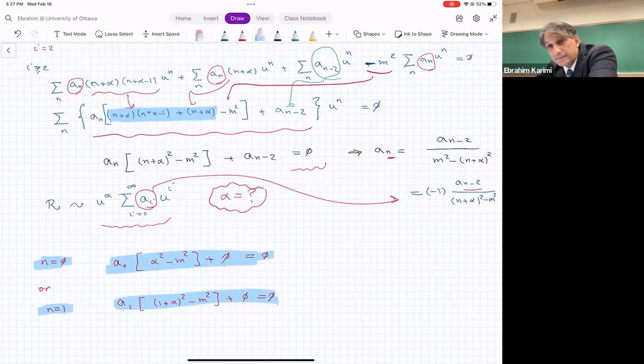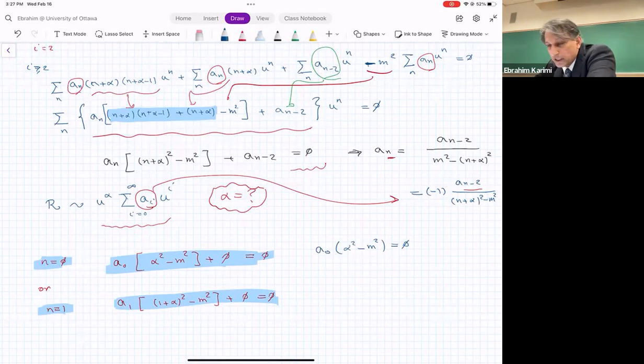All right? Which one should I consider? So from this equation, we do have A0 times alpha to the power of 2 minus m squared equal to 0. Can A0 be 0?